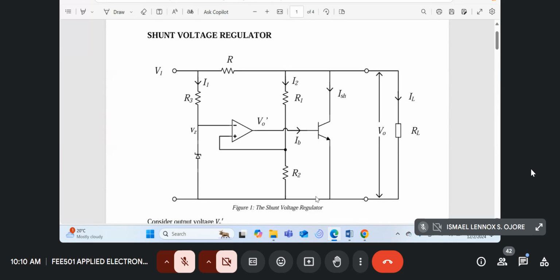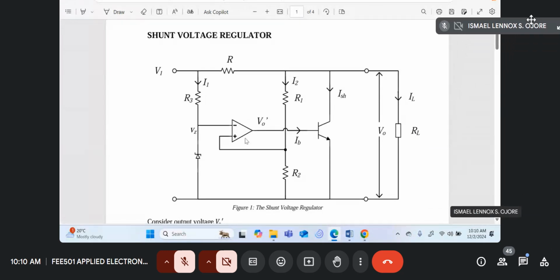So this is the shunt regulator that we analyzed in the last class. Starting from the left, R3 and the Zener diode are used to design our reference circuit. The op-amp is our error amplifier.